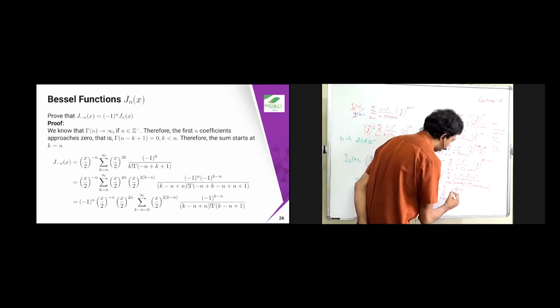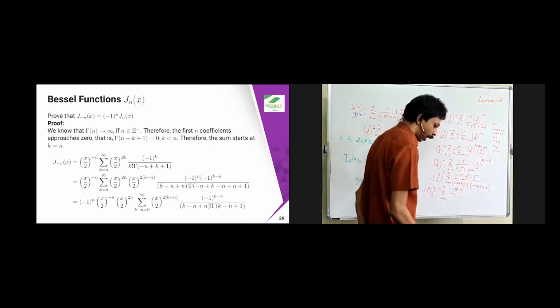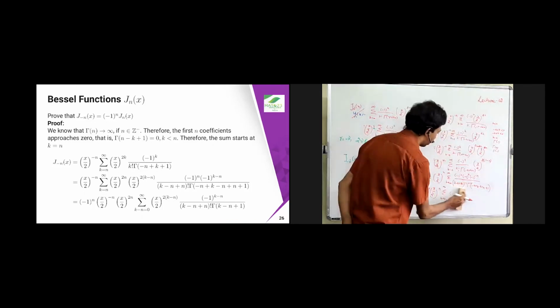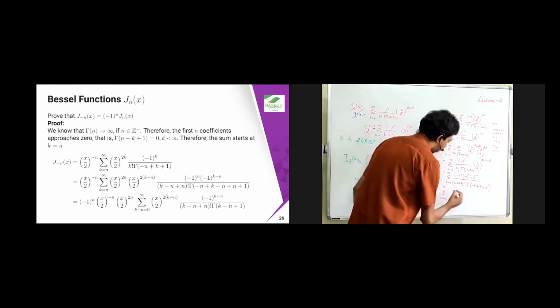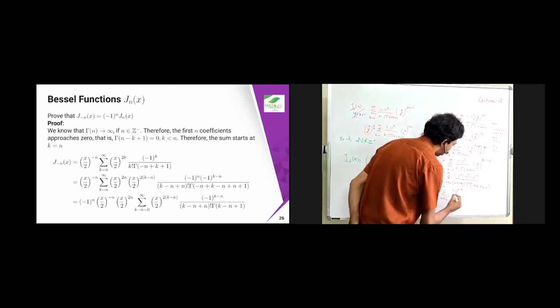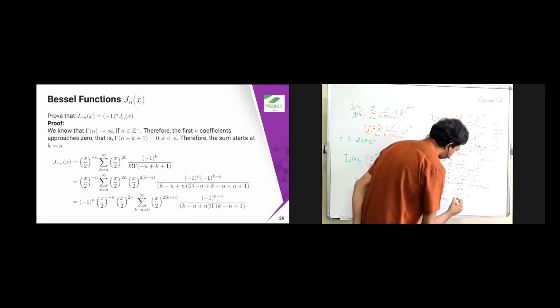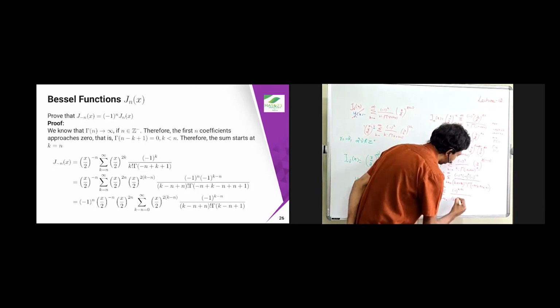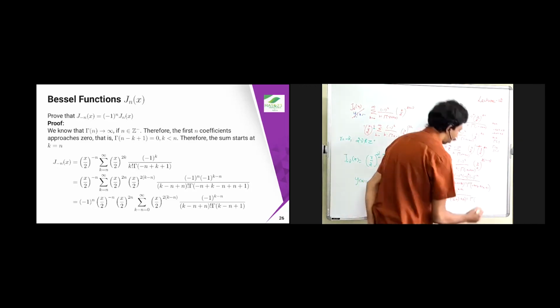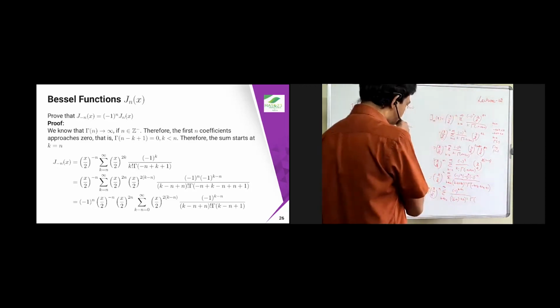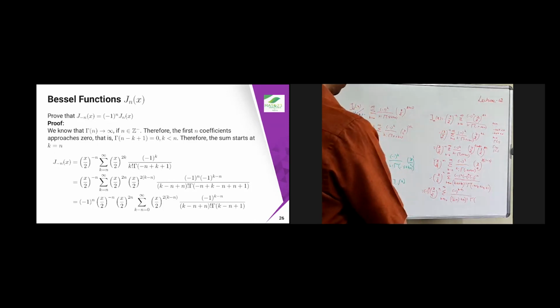So this is going to become minus 1 power k minus n divided by, so this I can write as (k minus n plus n) factorial, minus n plus 1.